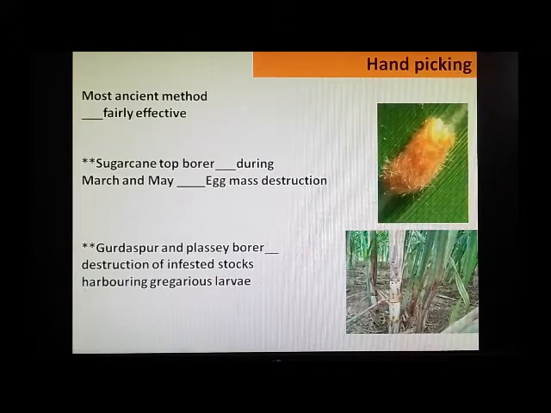Again, the destruction of infested cane stalks, here you see, harboring the larvae of Gurdaspur and Classy borers in gregarious phase over an area-wide basis is very useful for reducing the incidence of these two borers of sugarcane.